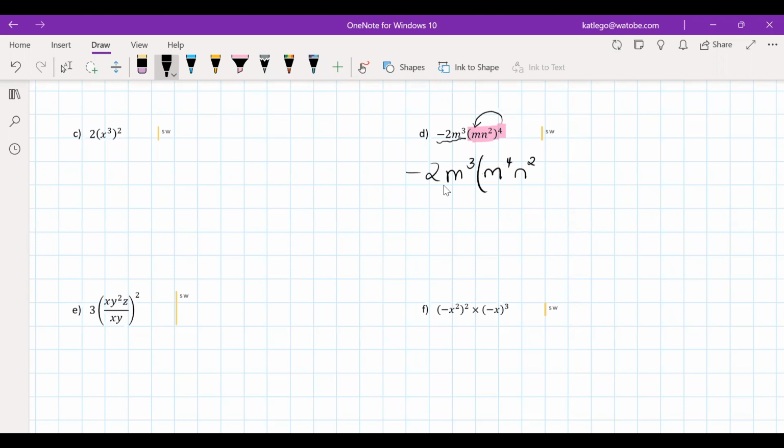Check again. We're distributing it. Everyone's getting it. So it's going to be 2 times 4. Which is going to give us negative 2m cubed m4n. What's 2 times 4? 8, ma'am. 8. Are we done? No, ma'am. What do we still have to do?